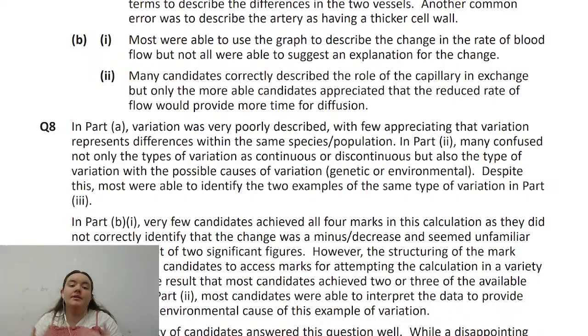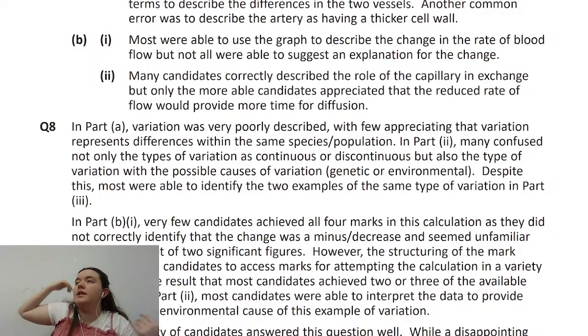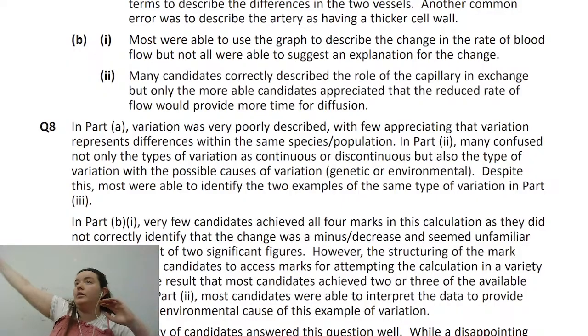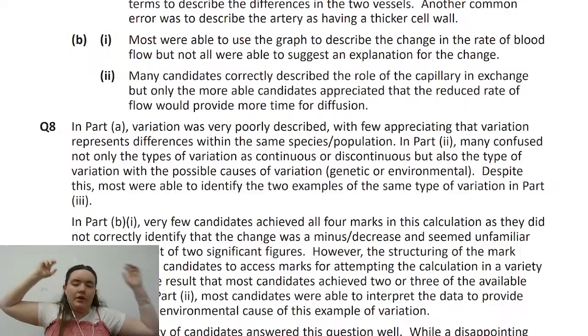continuous or non-continuous is basically, if something is continuous, it can be a range of things. Factors like height are continuous because you can be 140 centimeters tall, you can be 180 centimeters tall, you can be 160, you can be anywhere in between any of those values. You can be greater than 180 or shorter than 140.